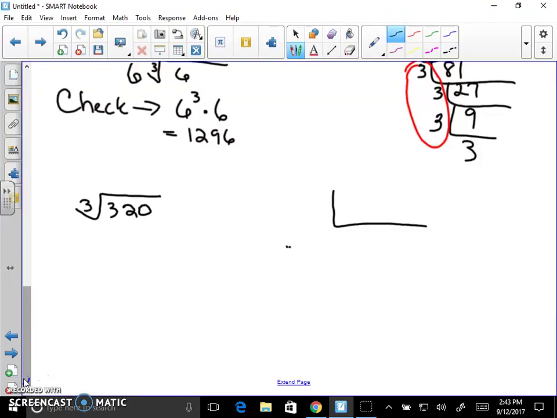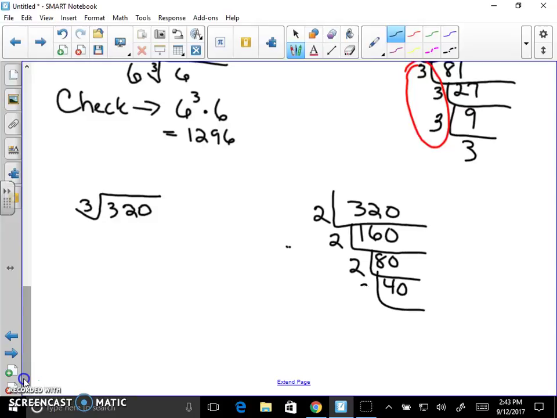Upside down division. Again, start with 2. 320 divided by 2 is 160. Keep on using those 2's. That's 80. 2 is 40. 2 is 20. 2 is 10. 2 and 5.